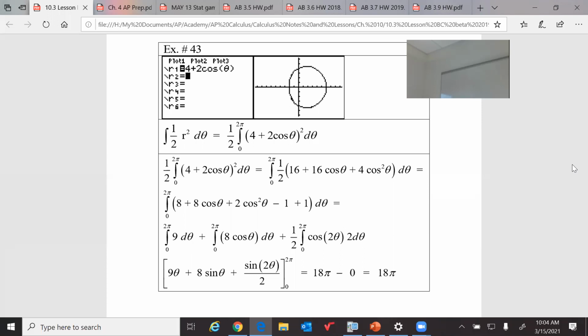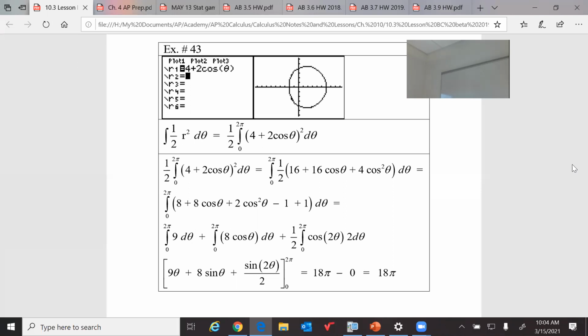2 cosine squared theta is a problem. So you add a -1 and a +1. This 8 and the 1 gives you 9, and 2 cosine squared theta take away 1 gives you cosine 2 theta. Then what?